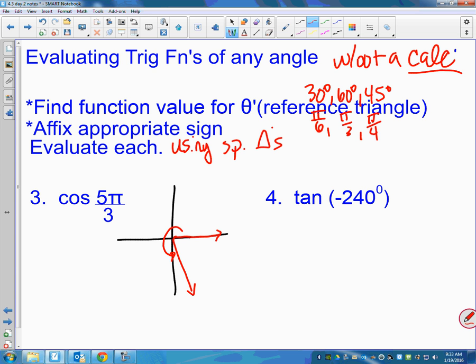So my theta prime is going to be, I kind of already said it, what would theta prime be here? What's my reference? Pi thirds. Pi thirds is 60 degrees, right? I'm going to write that as pi thirds.